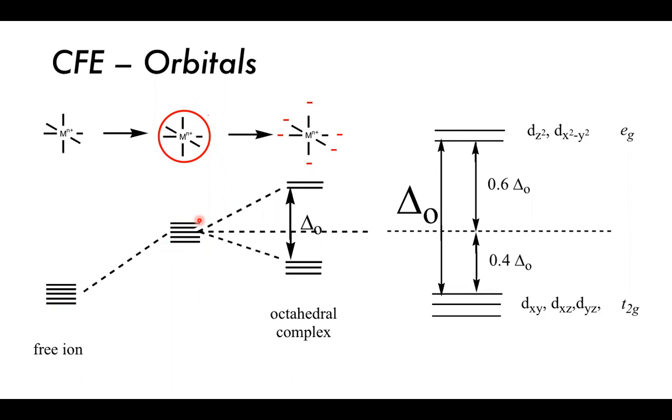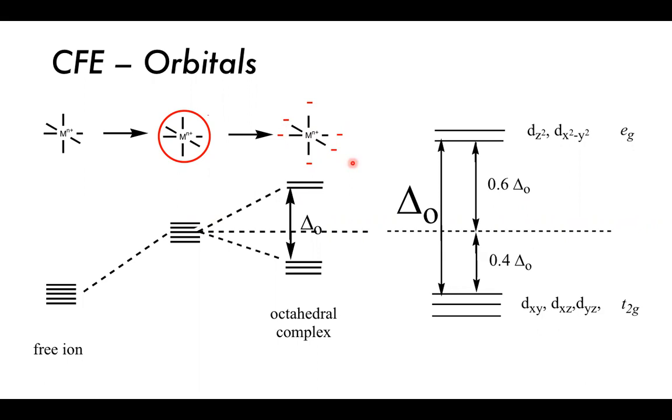Then whenever we change that to be a more realistic view of the potential energy of the different orbitals with respect to the ligand positions, we saw that the ligands positioned themselves along the Cartesian axes, and this localized that negative charge and that repulsion effect with the central metal.